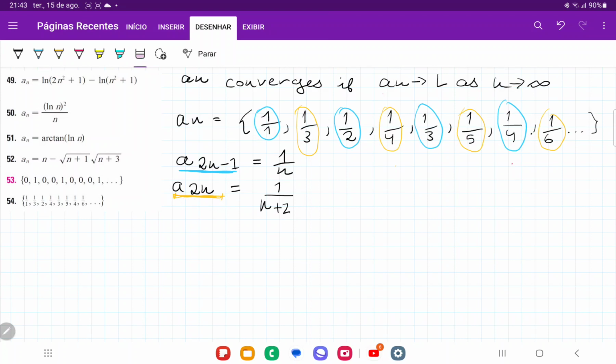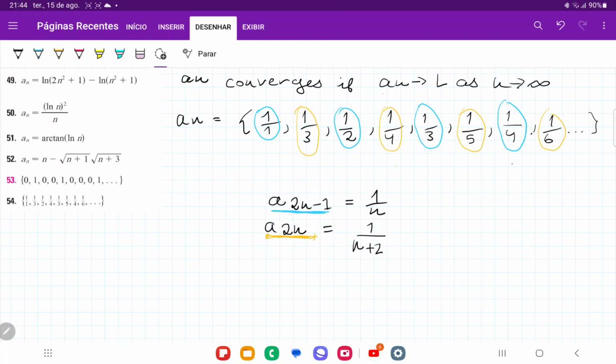So once we are here, we can just take the limit. If I take the limit as n approaches infinity of these, the first is 1 divided by infinity, which is equal to 0.